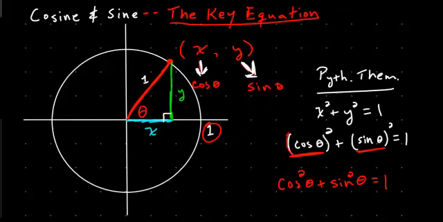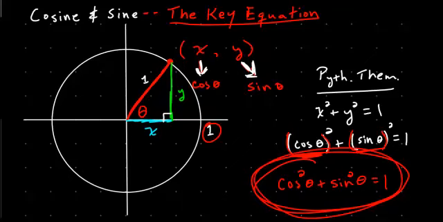You don't have to do the parentheses. But this is what it actually means. You can't, cos squared means nothing. You've got to take the cosine of an angle to get the number and then square it. So here is our key equation.